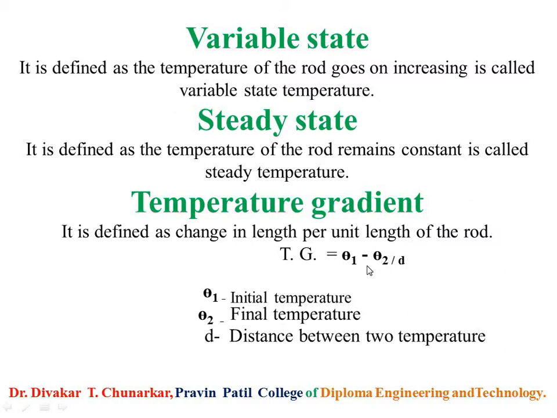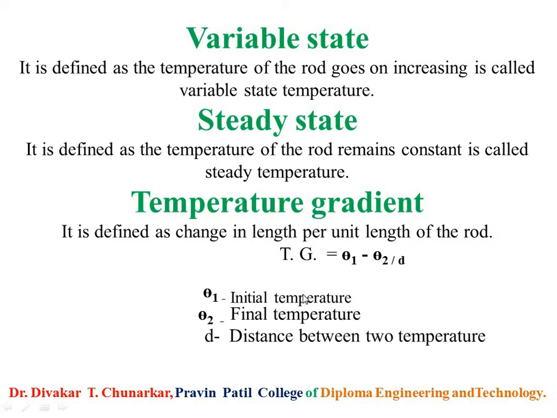Then when the heat in the rod remains constant, though heat goes from one place to another, it is called steady state temperature. Then temperature gradient is defined as the change in temperature per unit original length, or per unit distance between two temperatures.